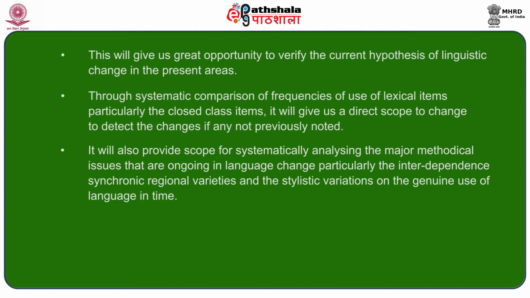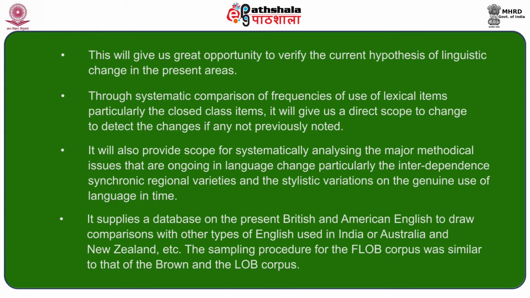It will also provide scope for systematically analyzing the major methodological issues that are ongoing in language change, particularly the interdependence of synchronic, regional varieties and the stylistic variations on the genuine use of language in time. Finally, it supplies a database of present-day British and American English to draw comparisons with other types of English used in India, Australia, New Zealand, and other parts.